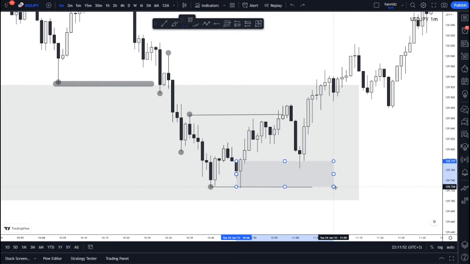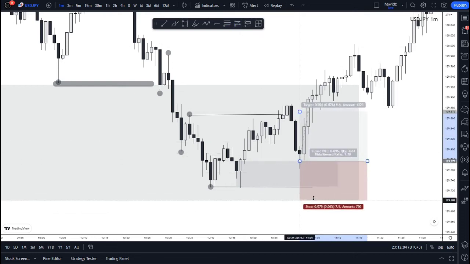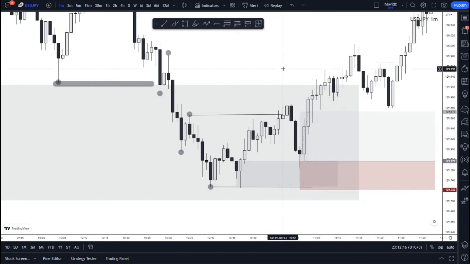So this right here is going to be our POI, our point of interest, or our point of entry, to be more precise. So that there is our entry. Stop loss just a little below the low, which makes it a 5.5 pip stop loss.